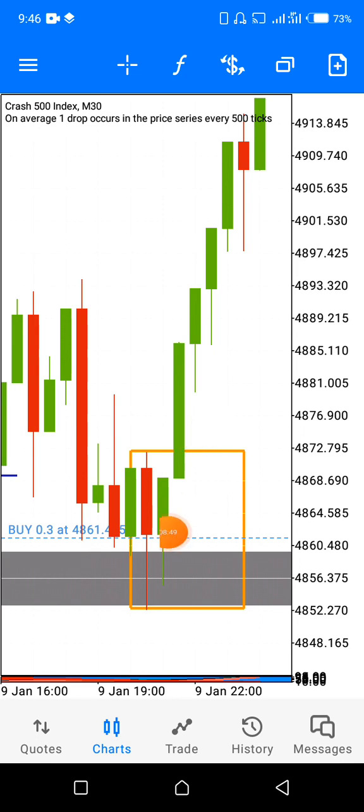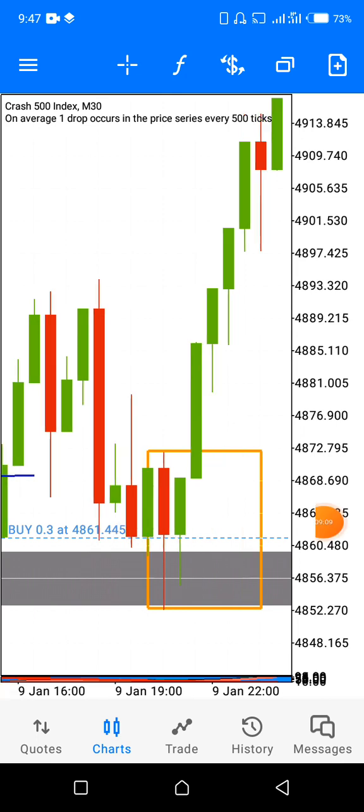But if you notice, I took my entry all the way from this place because I didn't wait for the third confirmation to take place. But if I had wanted to take this inside bar candle, I will just wait for this third confirmation. That's the break of this golden box.